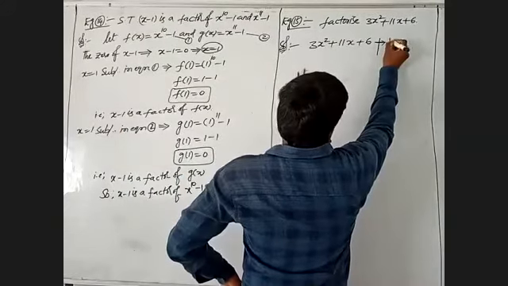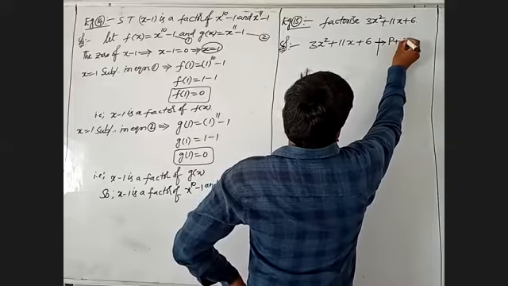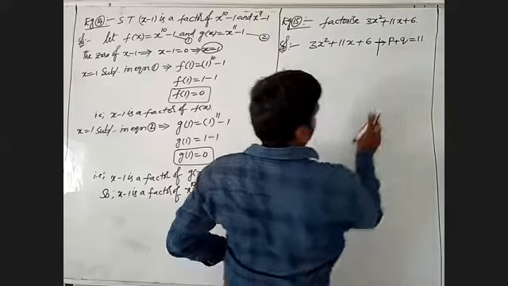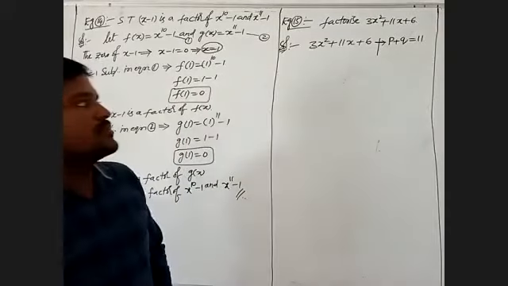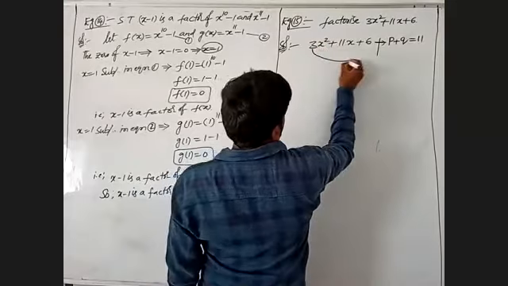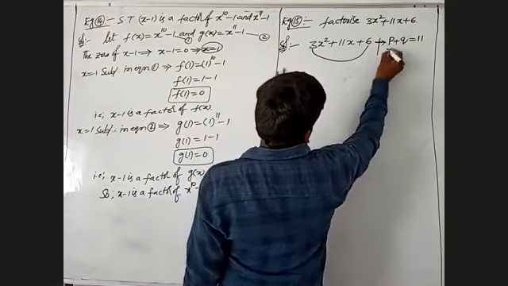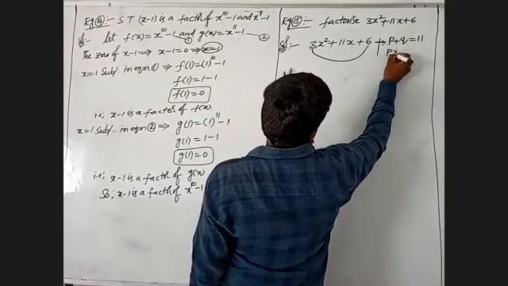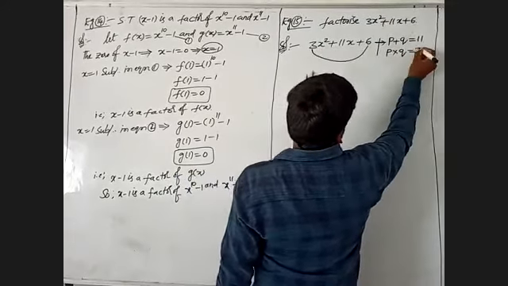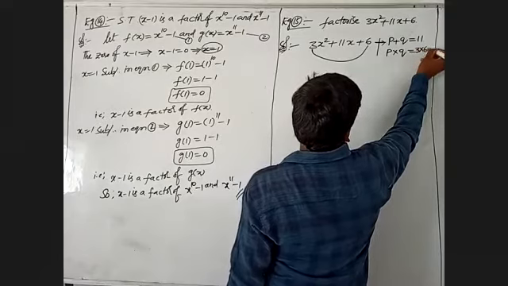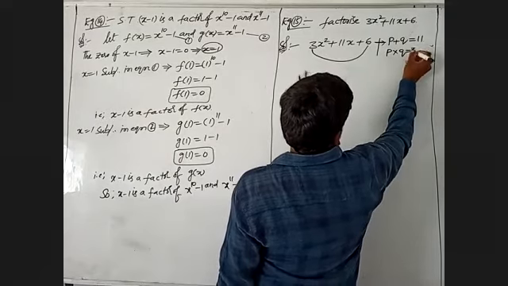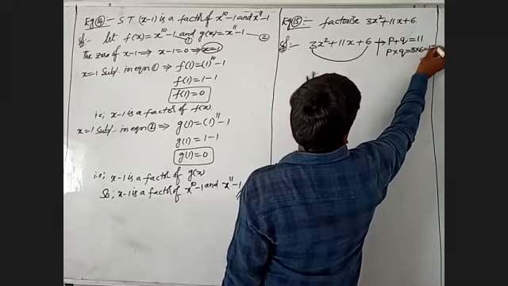I will take two numbers, one is p, another one is q. p plus q must be equal to 11. After that, the first term and the last term must satisfy their product: p into q must be equal to 3 into 6, and 3 into 6 is 18.